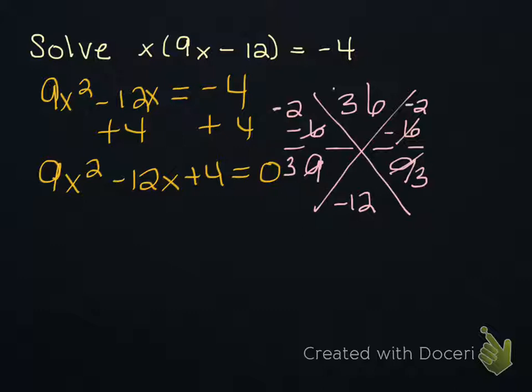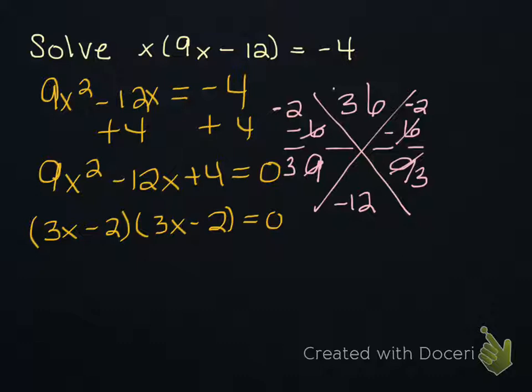Don't forget that negative. I have 3x minus 2 times 3x minus 2 equals 0.